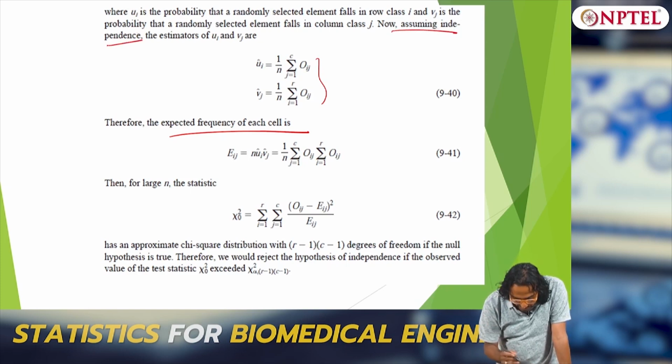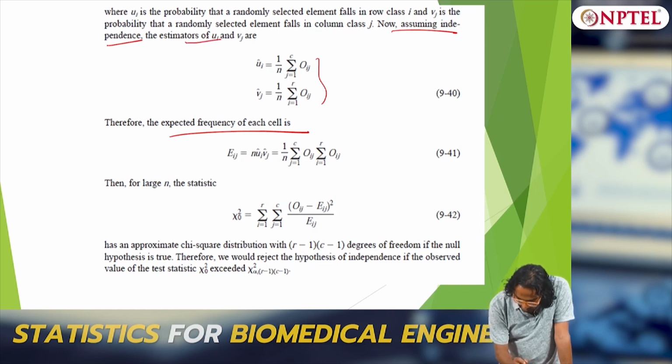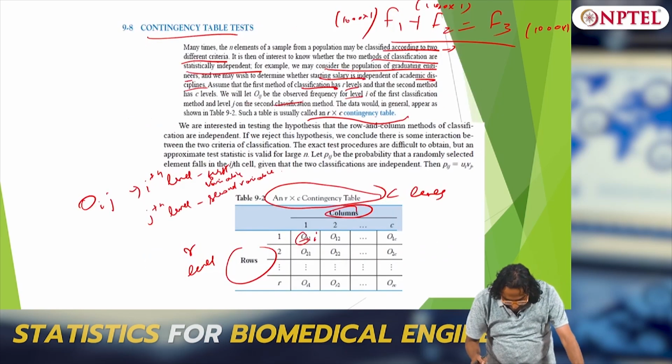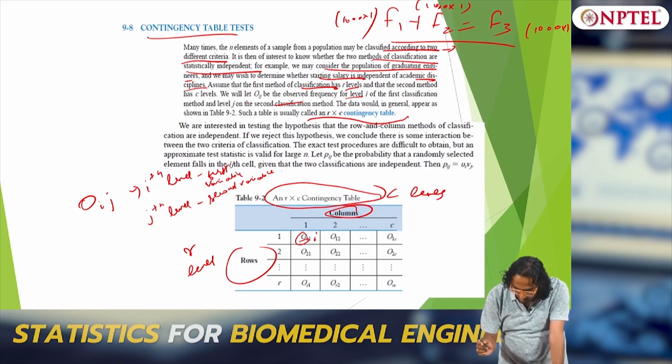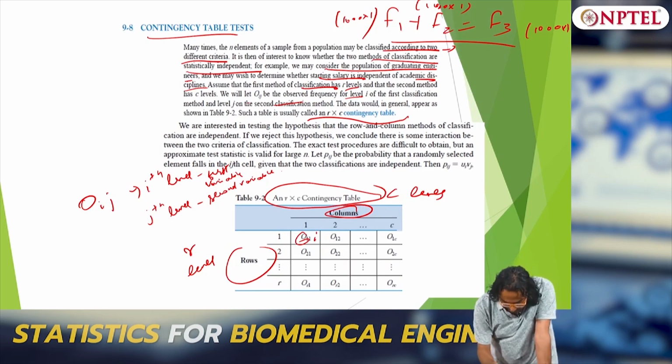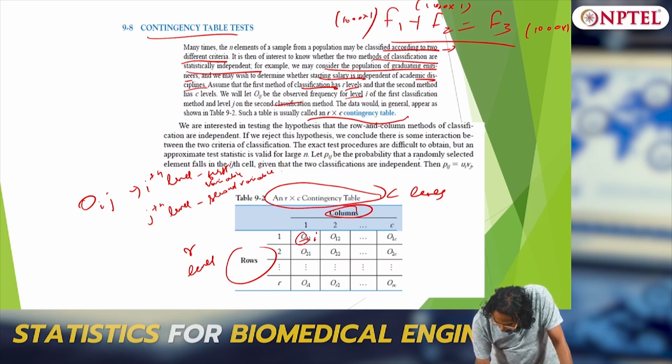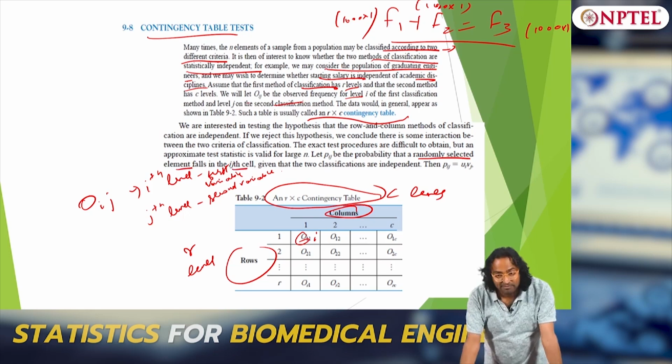So now, assuming independence, let us define some variables, some jargon and definitions I am going to use. Let Pij be the probability that a randomly selected element falls in the ijth cell.